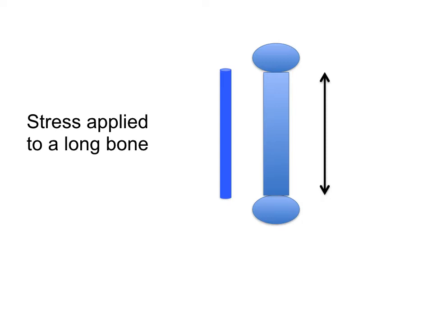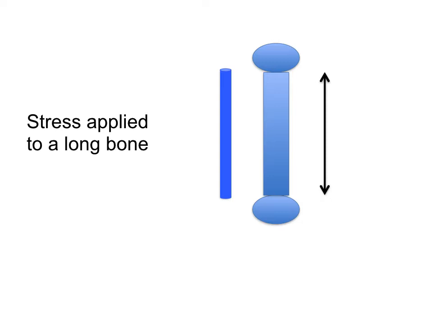The reason for that is if you consider the stress applied to that shaft, the stresses run from epiphysis to epiphysis. So the normal stress line for that shaft is straight up and down. If the stress is running from end to end, your osteons are all aligned in that precise direction of stress so that they can resist fracture.